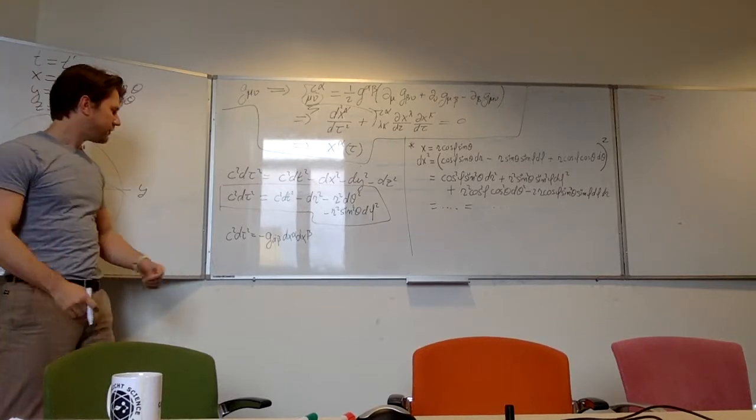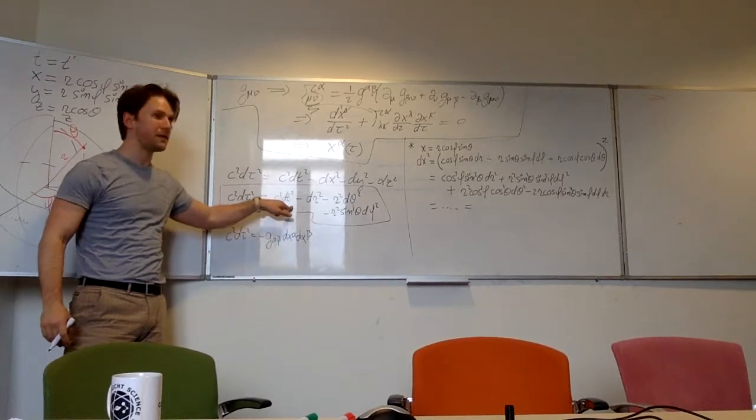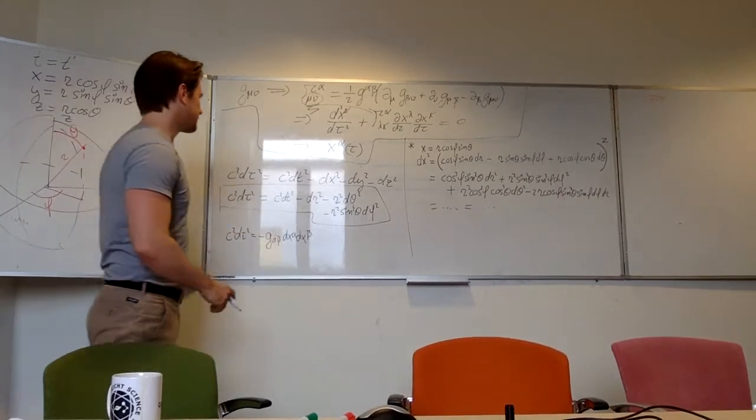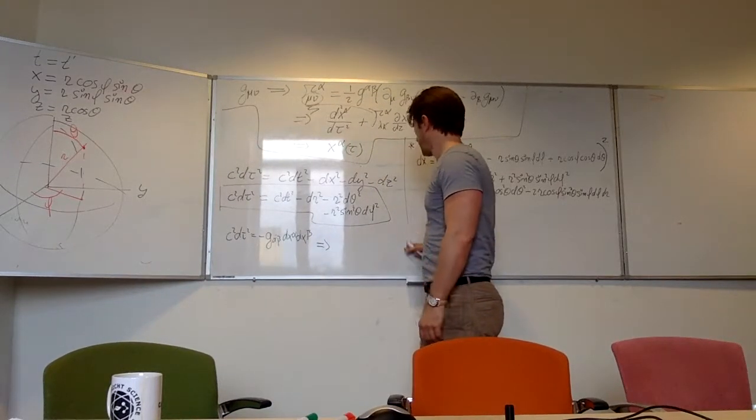The question is, what is this block of 16 numbers that if you would write this out, you would get this back? That's the question. We didn't do that explicitly. Not really.